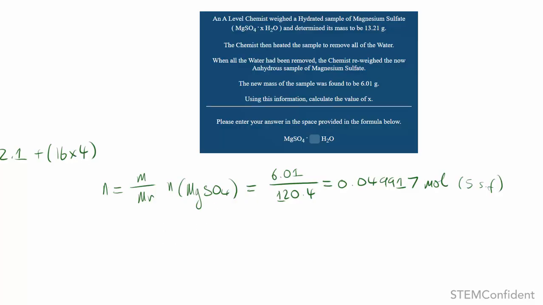If we subtract the anhydrous sample mass from the hydrated sample mass, what's left is the mass of the H2O. So 13.21 minus 6.01 gives 7.2 grams, and that's the mass of our H2O.